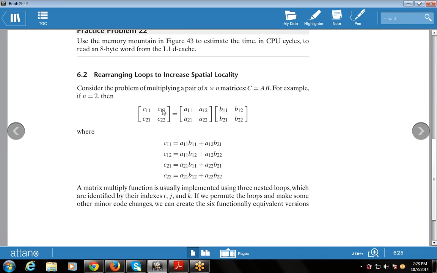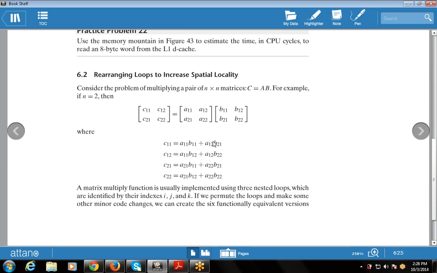C11 equals A11 multiplied by B11, plus A12 multiplied by B21. Then first row, second column is A11 B12 plus A12 B22, with an addition operation.